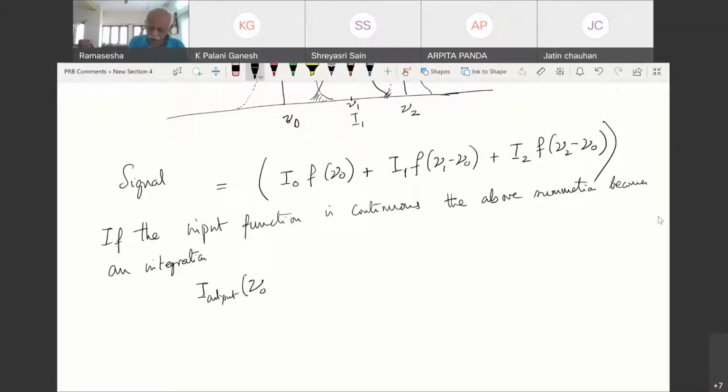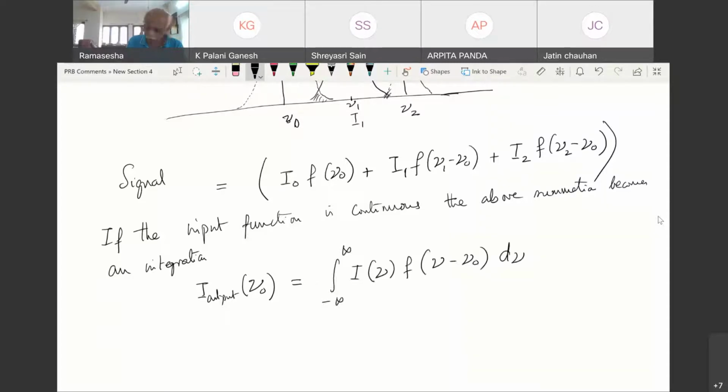Okay, so you'll have to add up all of it, so that is the integral from minus infinity of I of nu f of nu minus nu naught d nu.